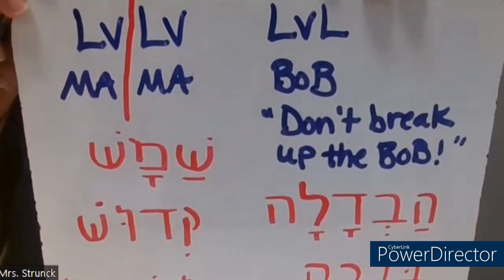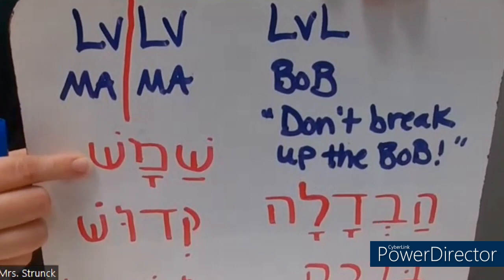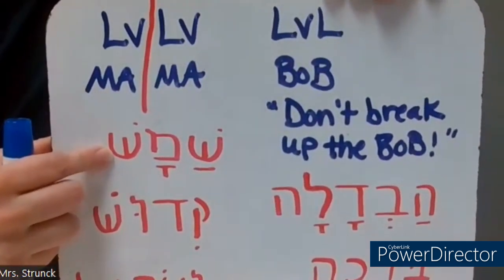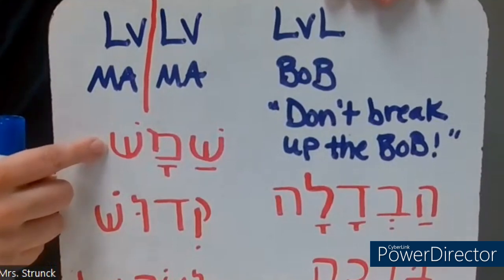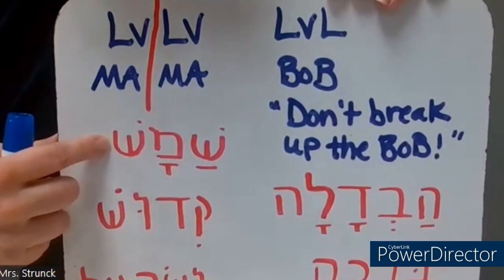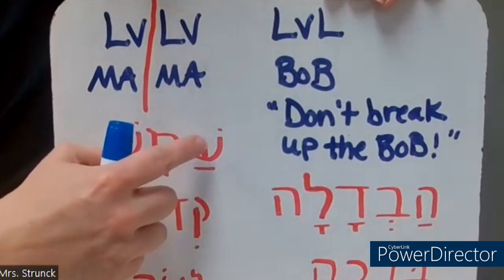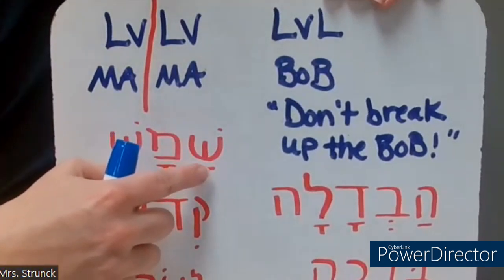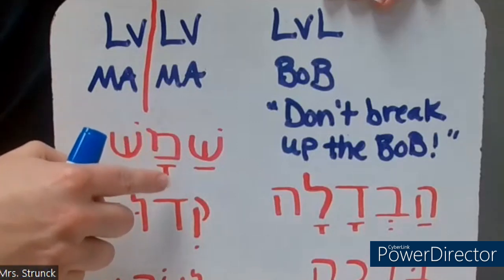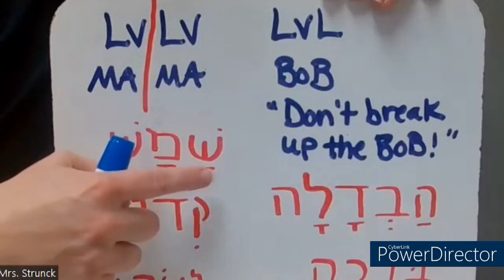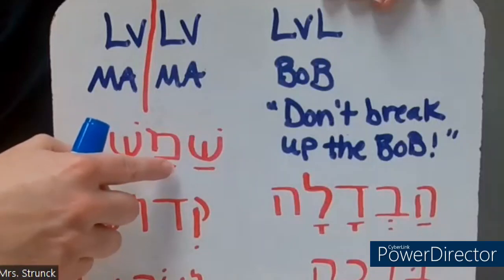So let's take a look at this word right here. When we read Hebrew, we read from right to left, which is opposite of English. So I'm going to start here. We have our shin, which is a letter, and the a vowel, and then mem, another letter with the a vowel. So this is letter, vowel, letter, vowel.